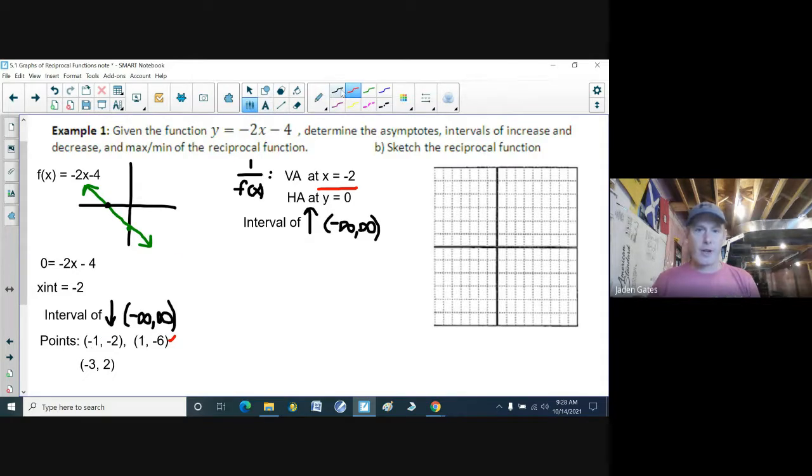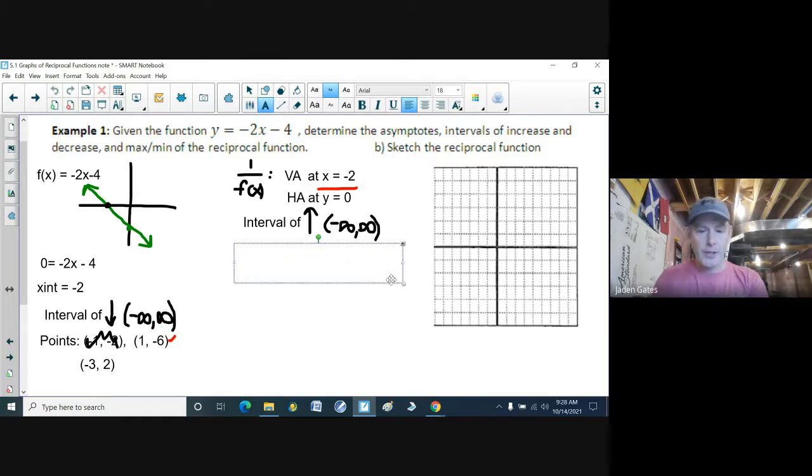So let's cross this point. So now on my reciprocal, here are the points: your x value stays the same, but your y value is the reciprocal. So when I have an x value of -3, the reciprocal of 2 would be 1/2. That's one point.